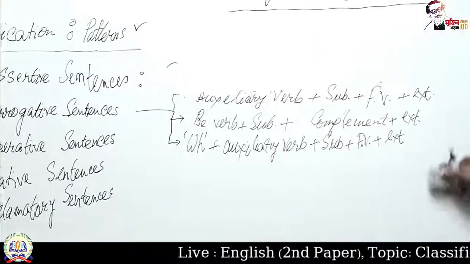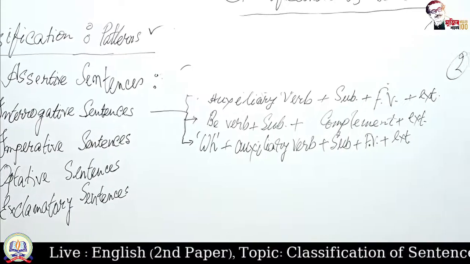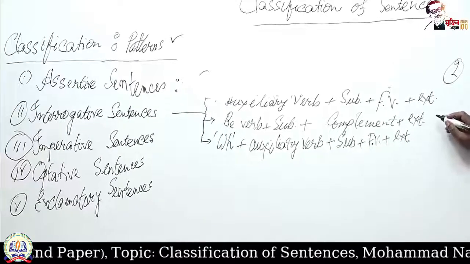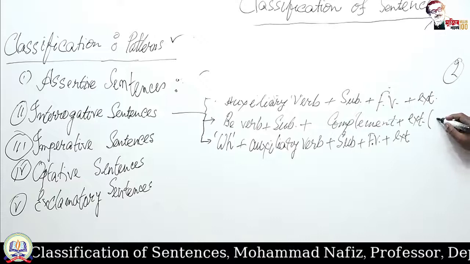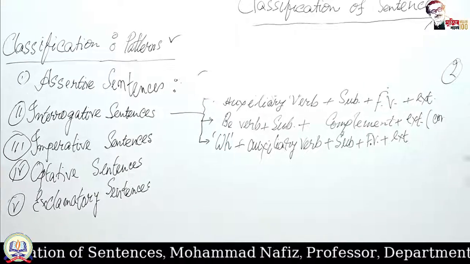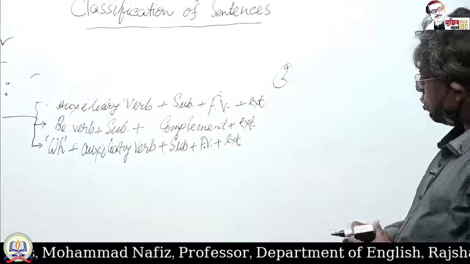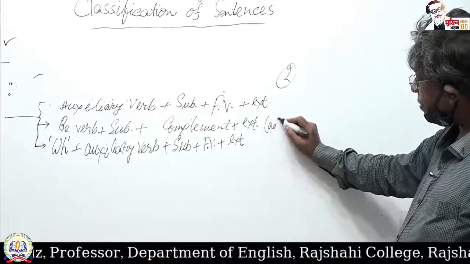In interrogative sentence pattern 2, we have a be verb, then the subject, then the complement, and particularly we have the extension complement. Sometimes we have or may not have adverbs.